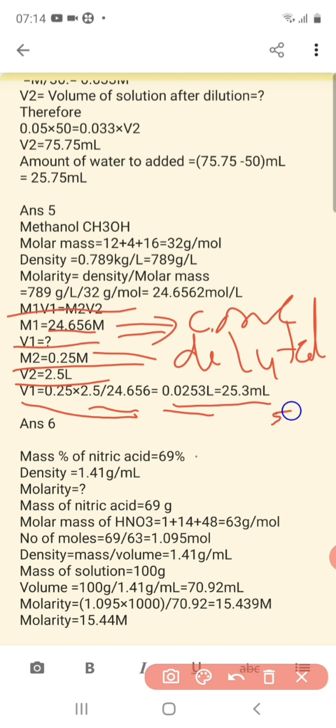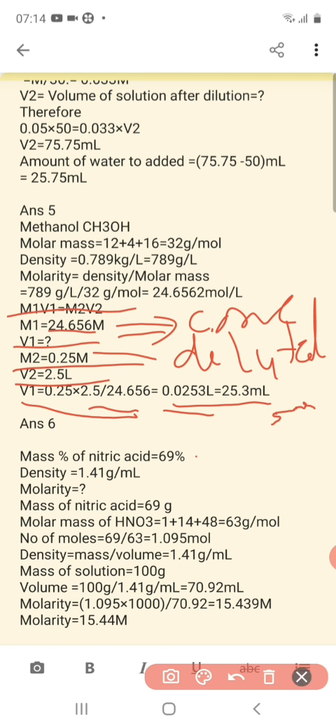This question is similar to what we have discussed above in questions number 3 and 4. Basically here we utilize the molarity equation M1V1 is equal to M2V2 for solving such type of question, and there can be different twists, because we have 4 variables, and out of these 4 variables, 3 variables should be given in the equation so that only then you can find out the value of the 4th one.